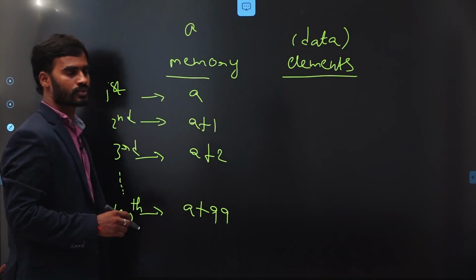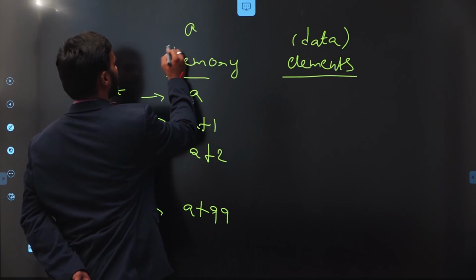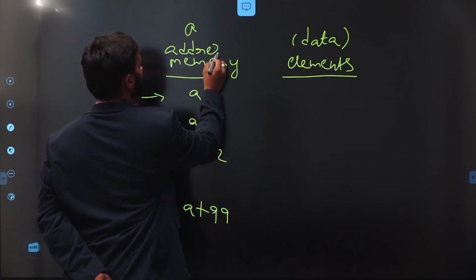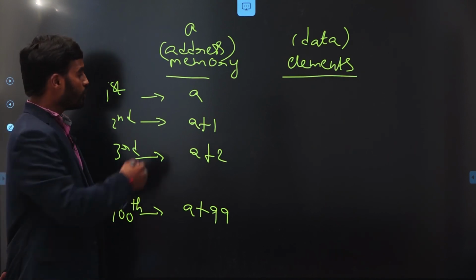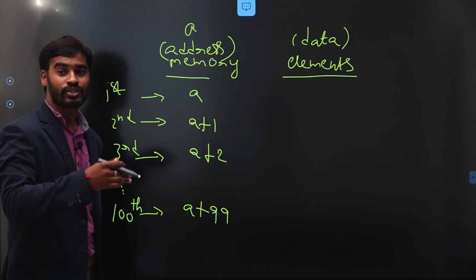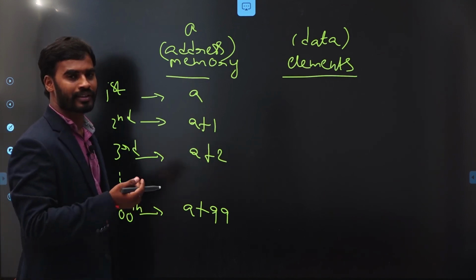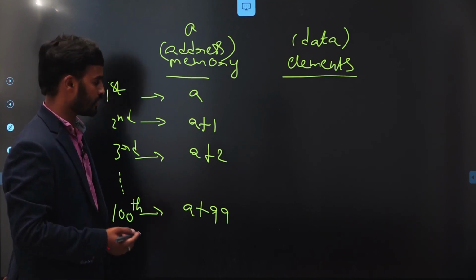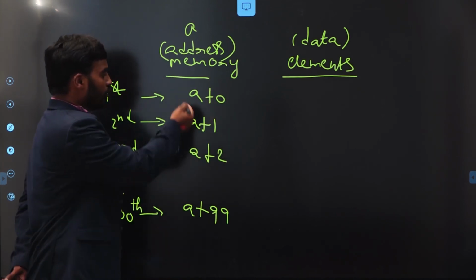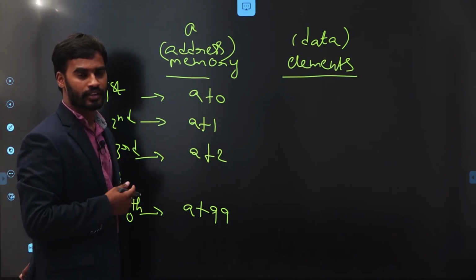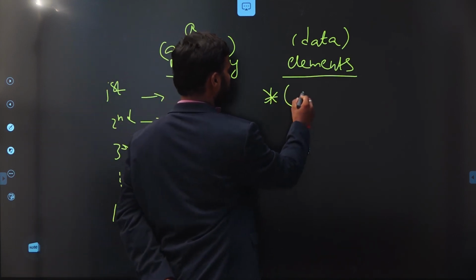So this is the way you are supposed to compute the address of all the remaining blocks. If you know the address of the blocks, you can access those values by using two operators, either the dereferencing operator or the subscript operator. A can be written as A plus 0.